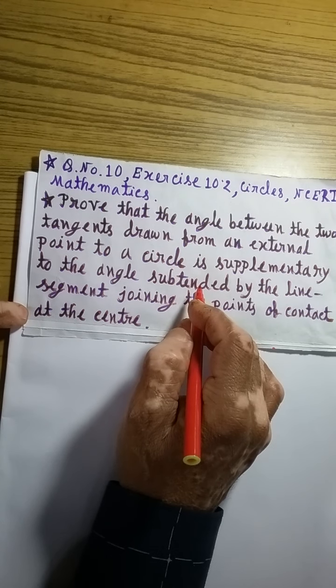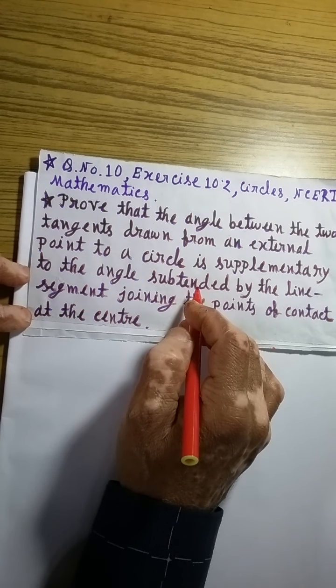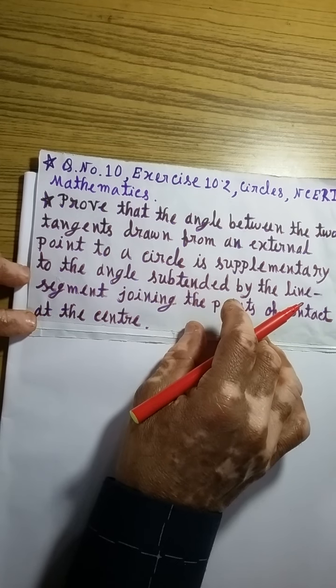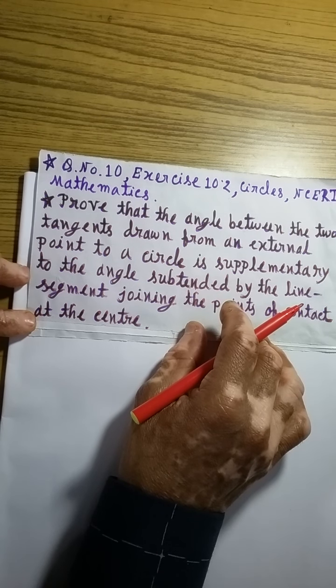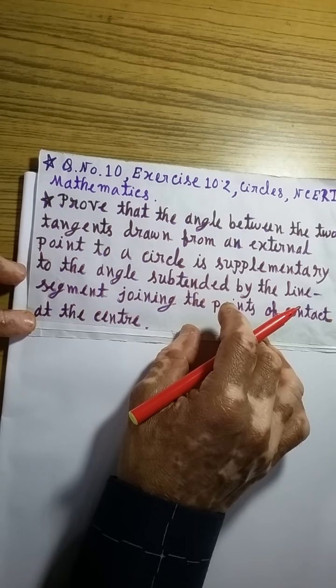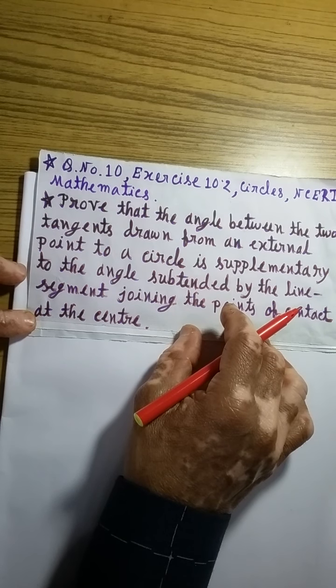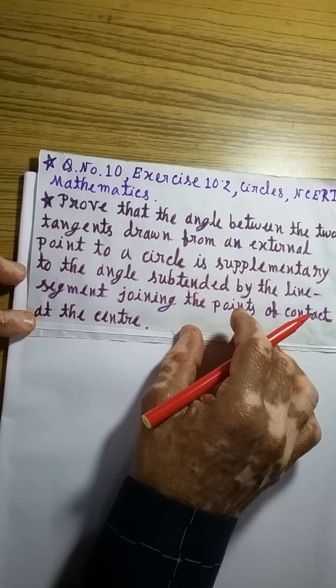So to prove this, we must have these pre-knowledges first. Number 1, the two radii drawn from a circle at the points of contact to the two tangents drawn from an external point to that circle are perpendicular to the two tangents. Number 2, the sum of all the four interior angles of a quadrilateral is equal to 360 degrees.